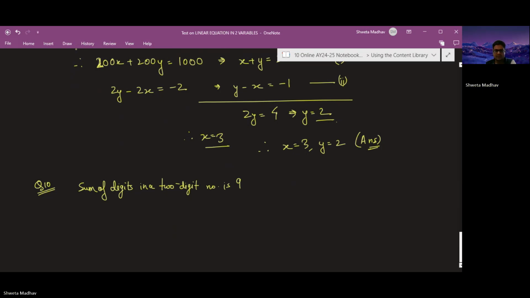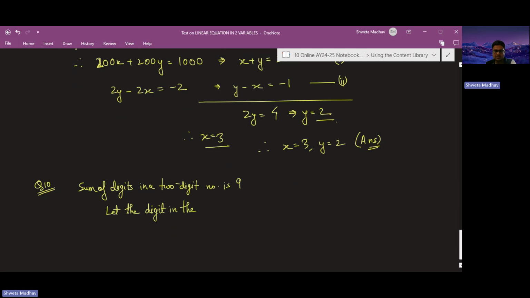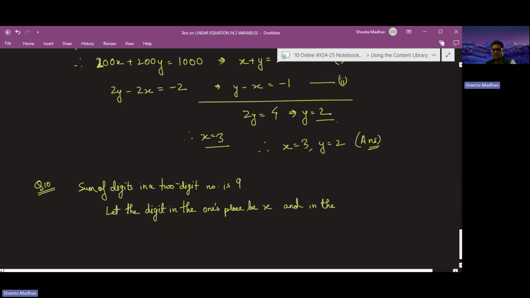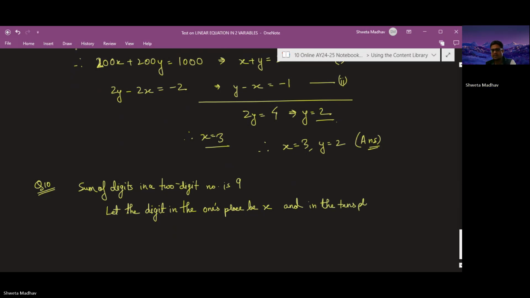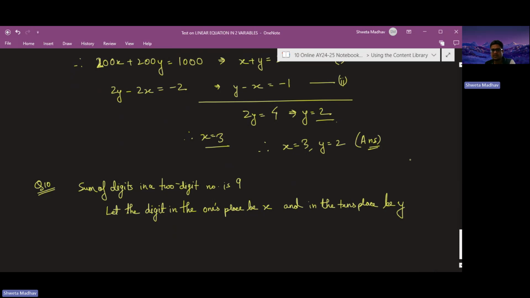So let's say we take the digit in the ones place to be x and the digit in the tens place to be y.